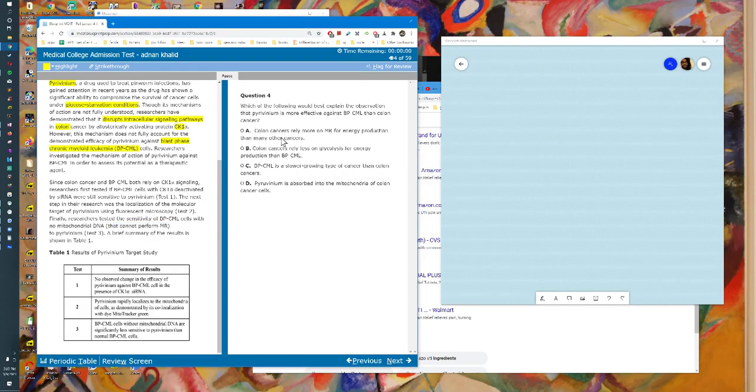So if this colon cancer relies more on it, it should be more effective against it. Relying less on glycolysis is saying the same thing as this. If it's not glycolysis, it's going to be aerobic respiration. Slower growing type, definitely not going to be it. And yeah, that's true.